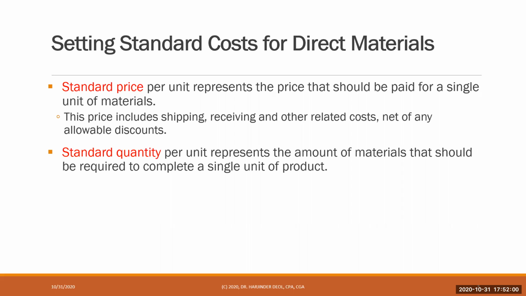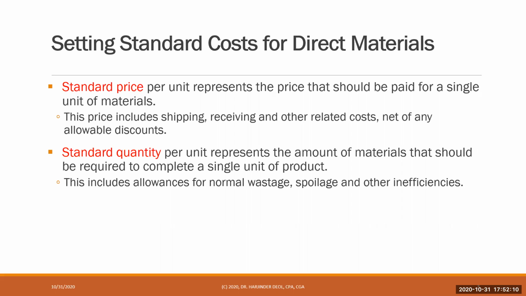The standard quantity per unit is the amount of materials that should be needed to complete production of a single unit of product. And this quantity includes allowances for normal wastage, spoilage, and other possible manufacturing inefficiencies.